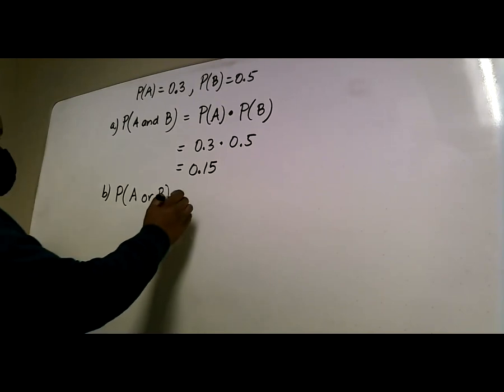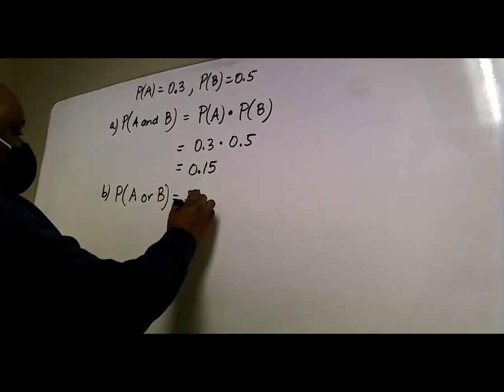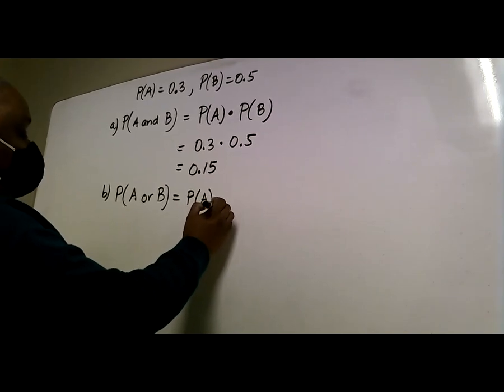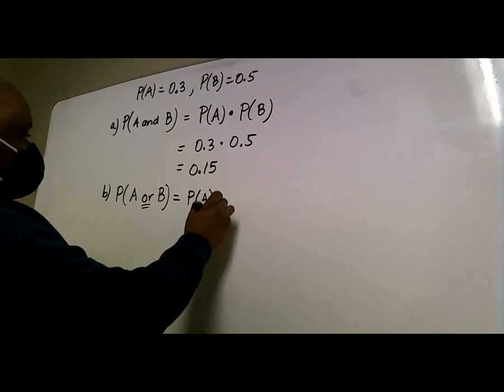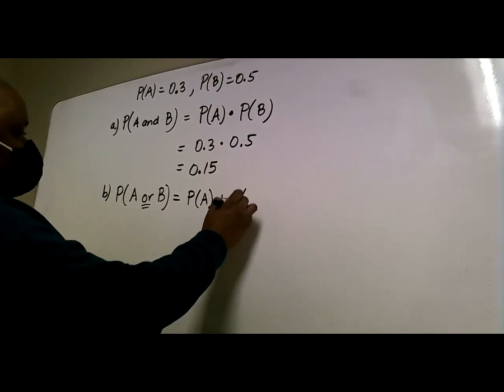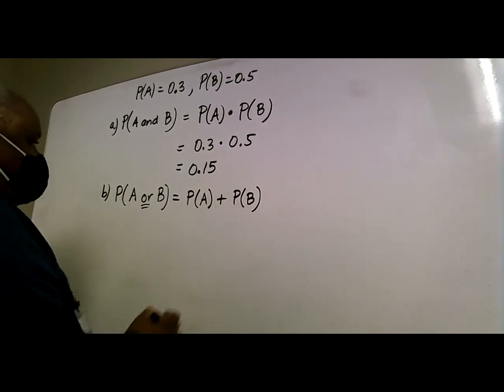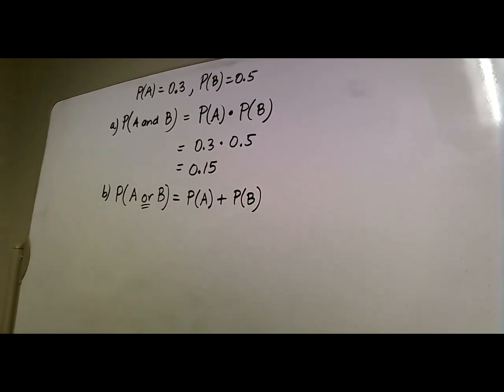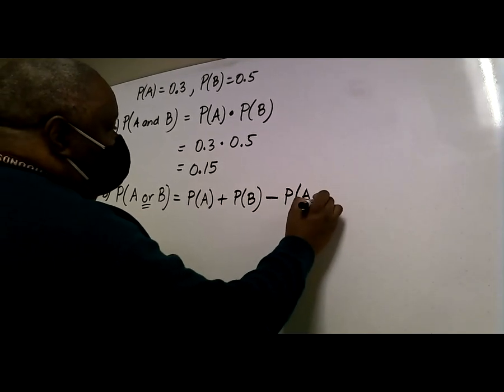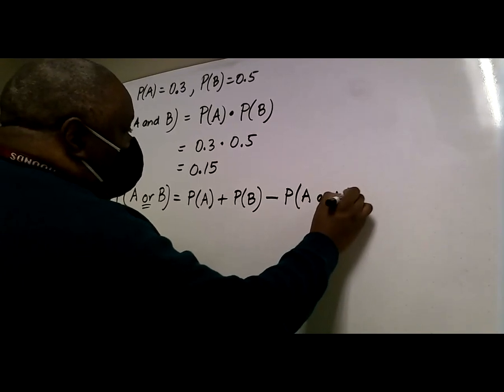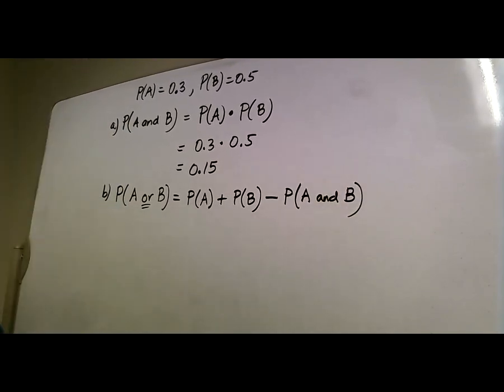That means we have to use the other formula for computing this probability. And the word or means you have to use a plus: probability of A plus the probability of B. But since there was something in common, you have to do this, minus the probability of A and B.